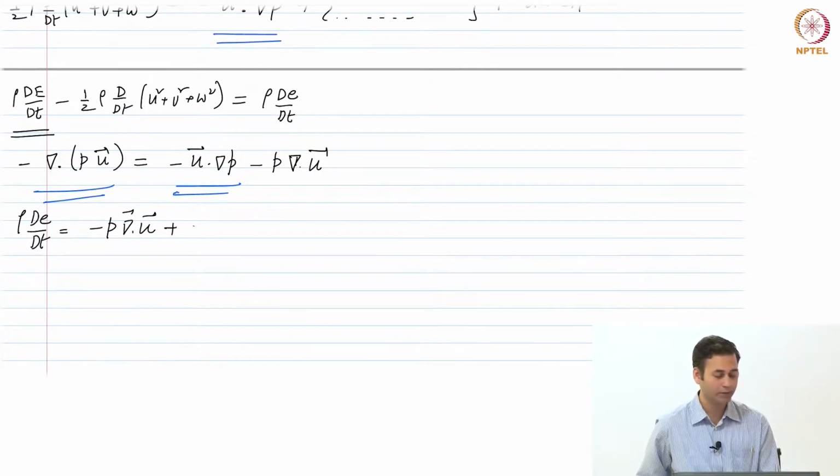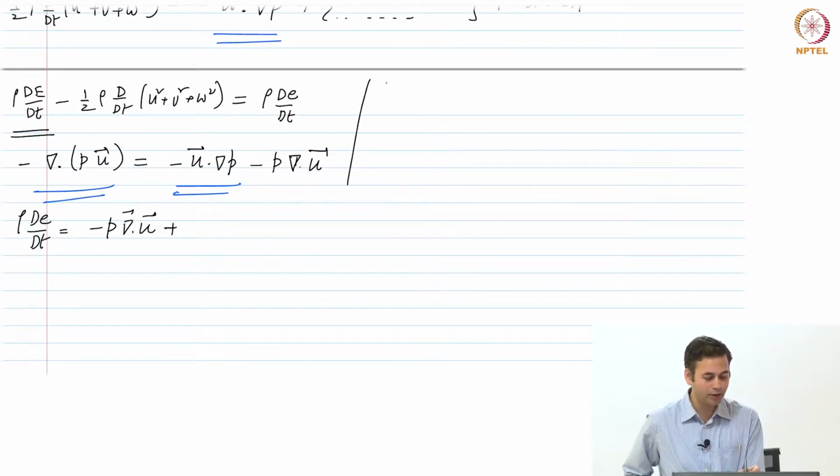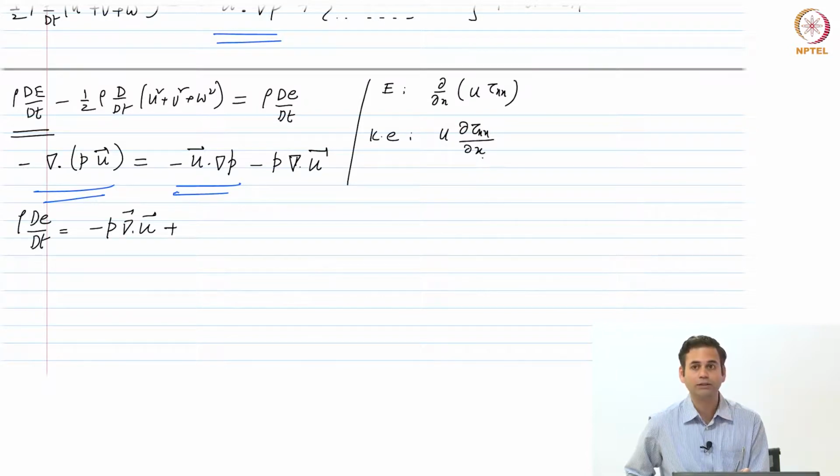Okay. Can you help me write this? What term gets retained? If I write it here, your E equation contained partial x of u tau xx, whereas your KE equation contains a term like u times partial tau xx by partial x, right.